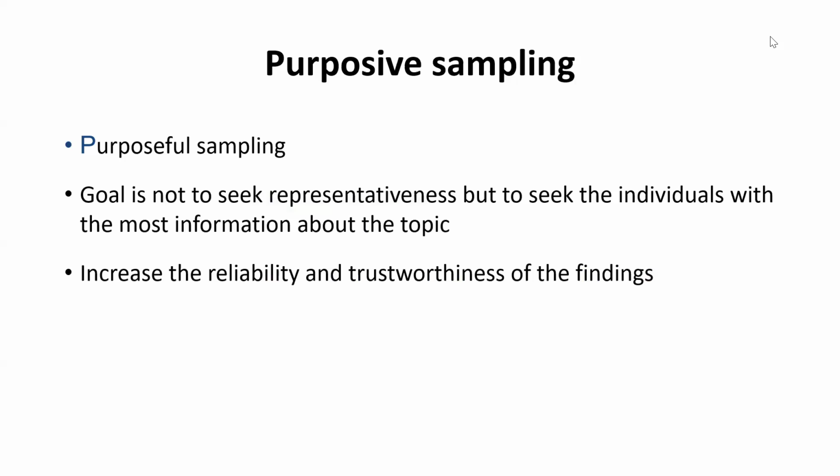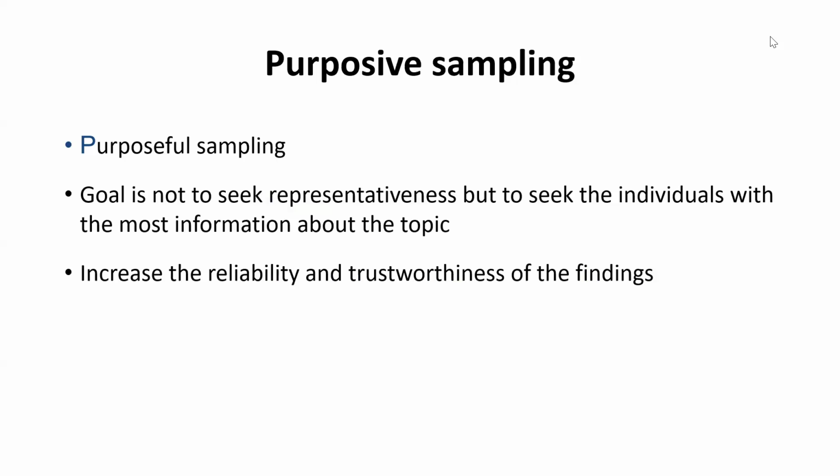And then the next important thing to understand is that convenience sampling is not equal to purposive sampling. Purposive sampling is altogether a very different concept because you are selecting your sample with a purpose. So there is an underlying strategy based on which you are selecting units from the population into the sample. This is also known as purposeful sampling.